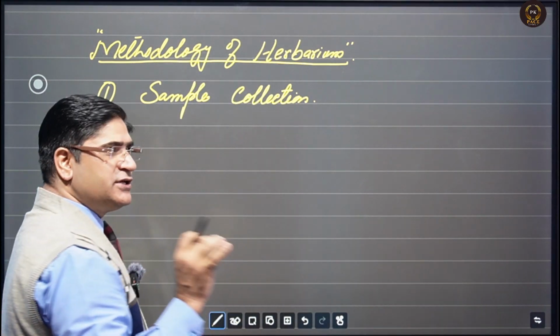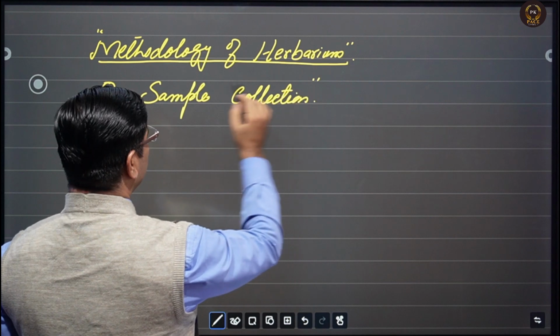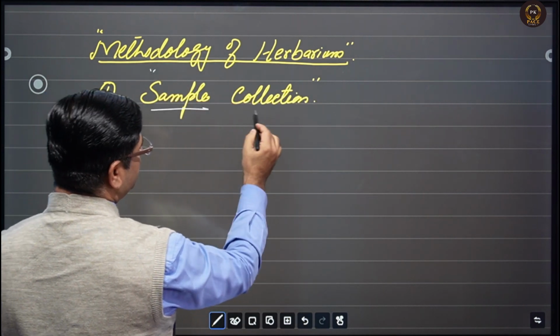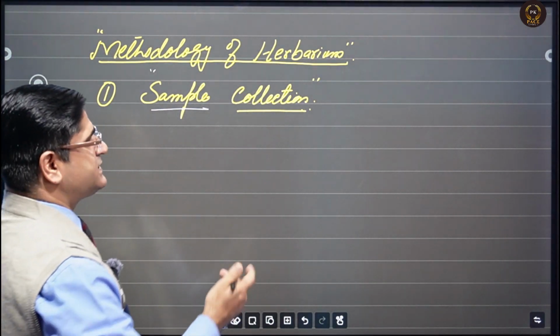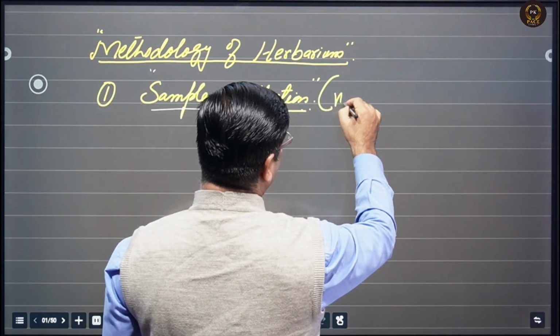Such plants are chosen, and the sample is collected from them. This step is very crucial.